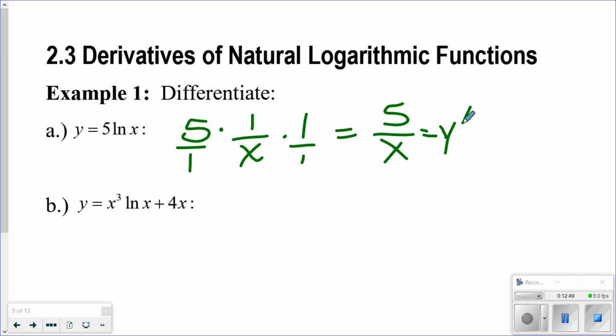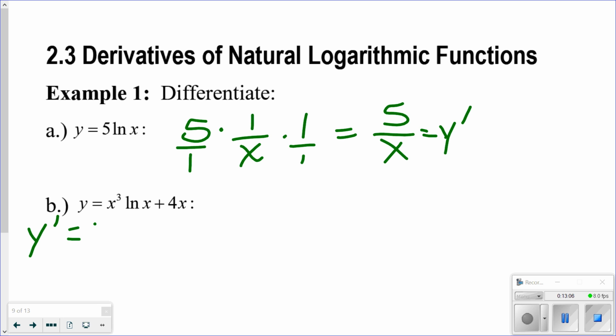That would be our y prime. Okay, for our second one here, y prime. Now again, this is a product rule. So this one will have a natural log in the answer, but only because we have to write down the second exactly as it appears.